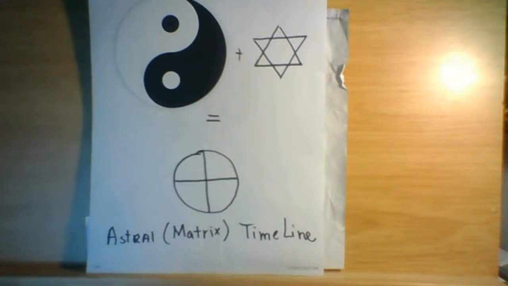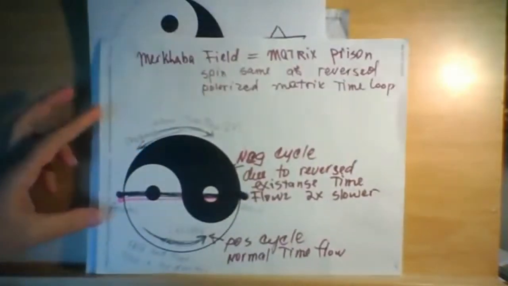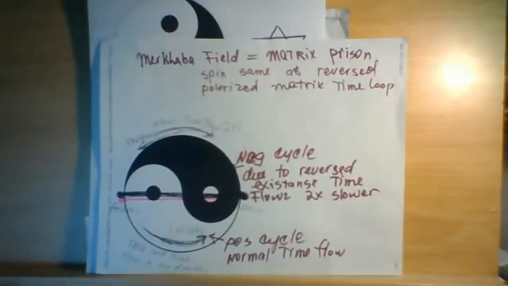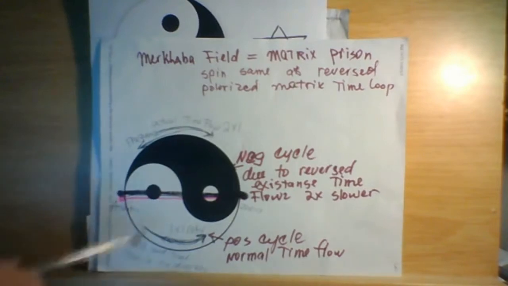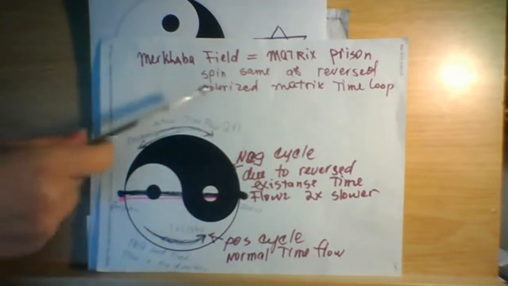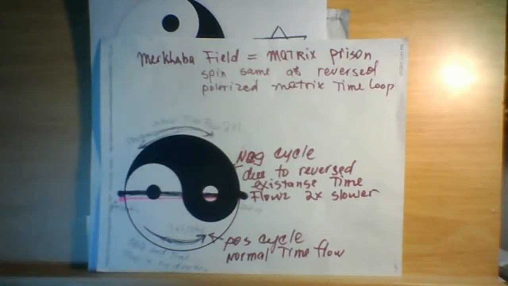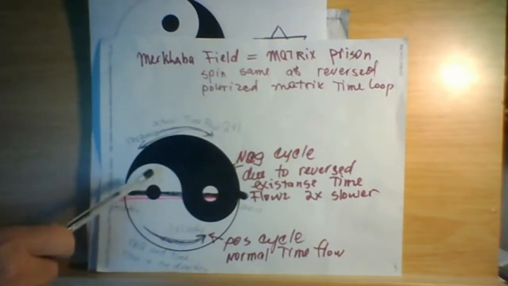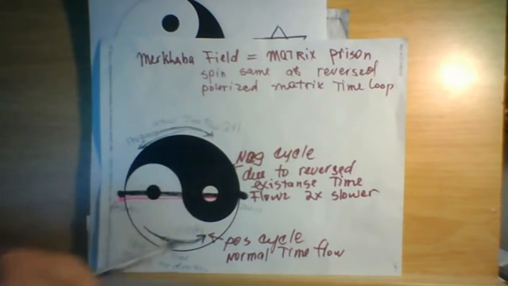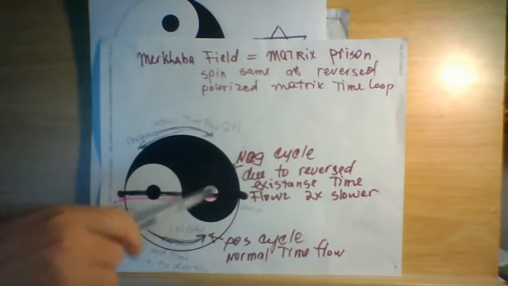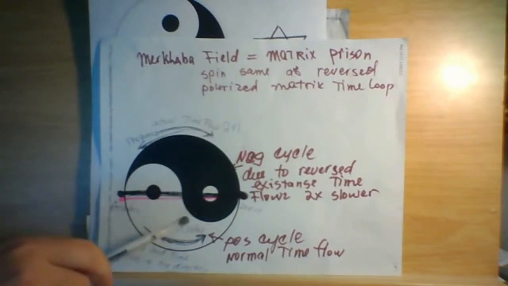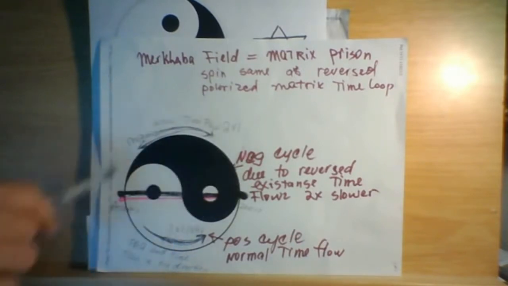I'm sorry, I meant to remake this, but I didn't have time. So basically, the Merkaba field is the spinning of the timeline, of the time loop. And I went into this in the first Matrix Mechanics video about the time loop, how it gets constantly flipped back and forth.